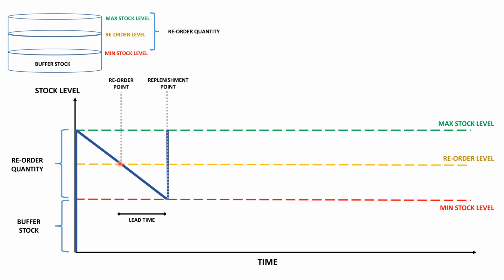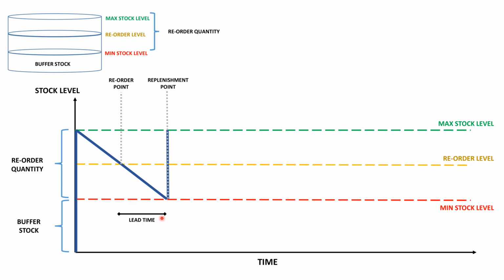Once the new order has been placed, it is not possible for the materials to arrive at the site immediately. Hence, the work still continues and it reaches a zone which we call the minimum stock level. At this point of time, the material that we had previously ordered at the reorder level is going to arrive at the site. The time elapsed between the point where we reorder the materials and the point where they reach our site, we call the lead time.